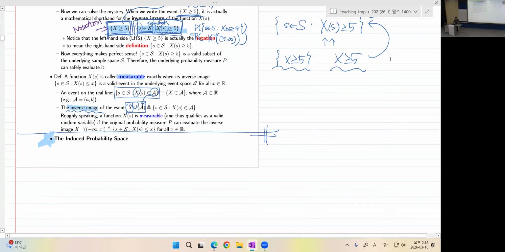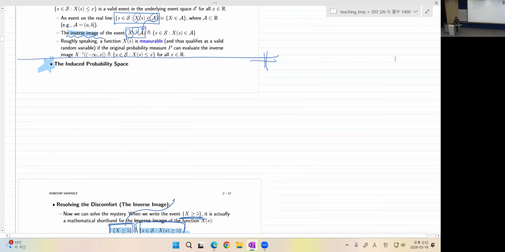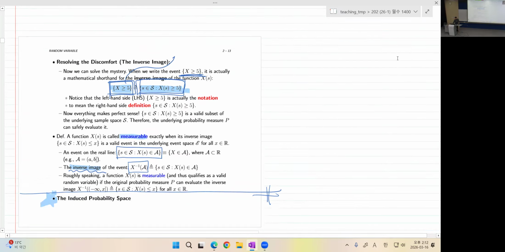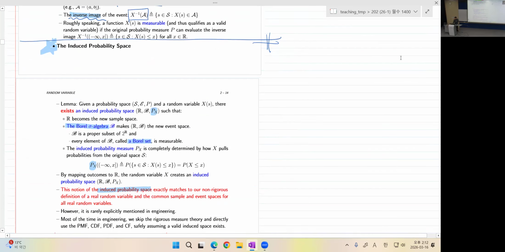Now here goes the induced probability space, which I already told you. The key idea is this one. Given the set of real numbers, we may construct a lot of sigma algebras. So for example, is this a sigma algebra? I told you it's not, okay?